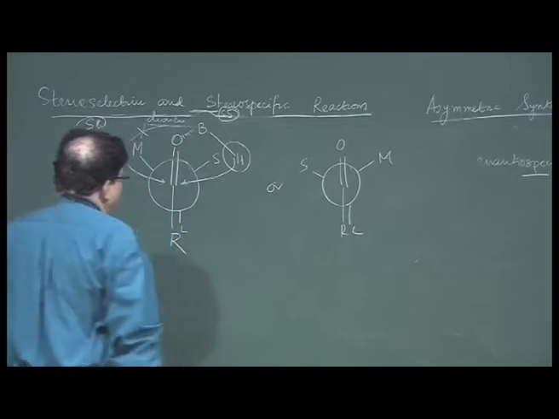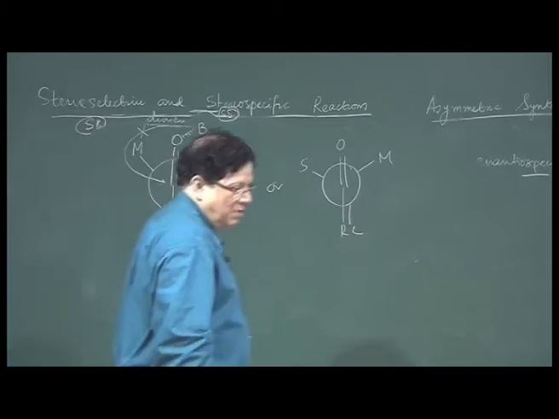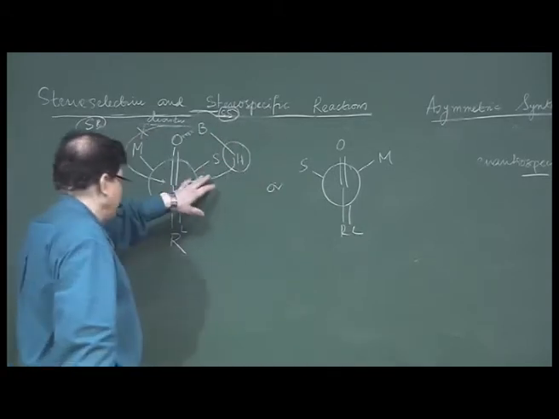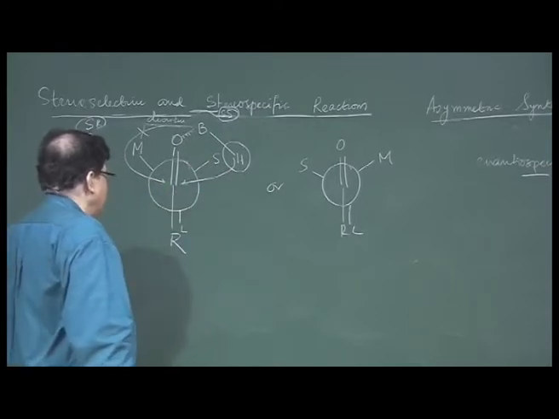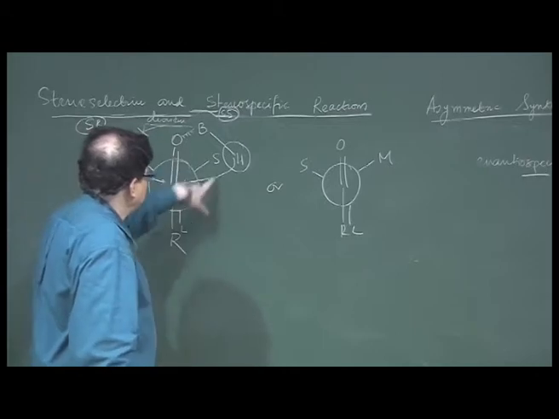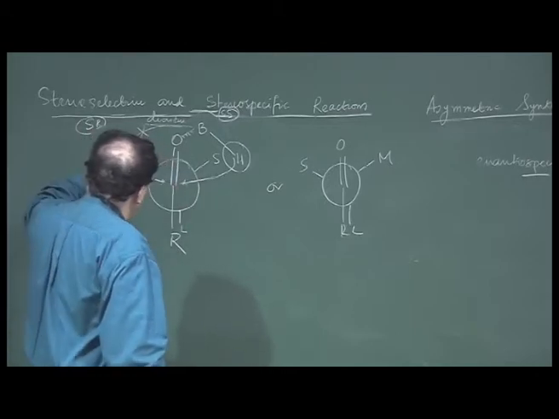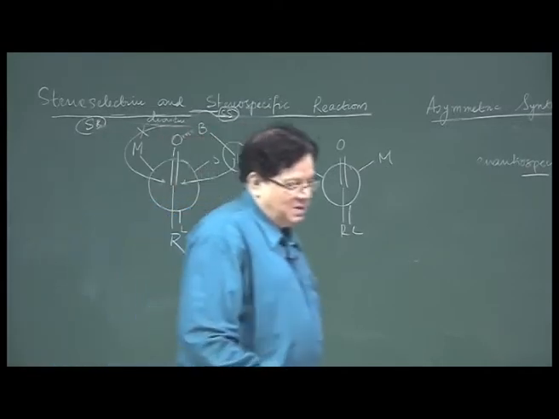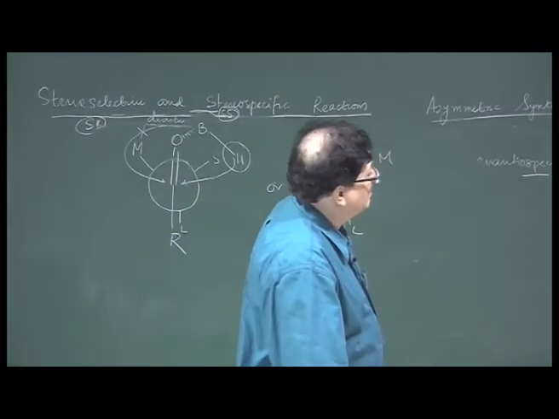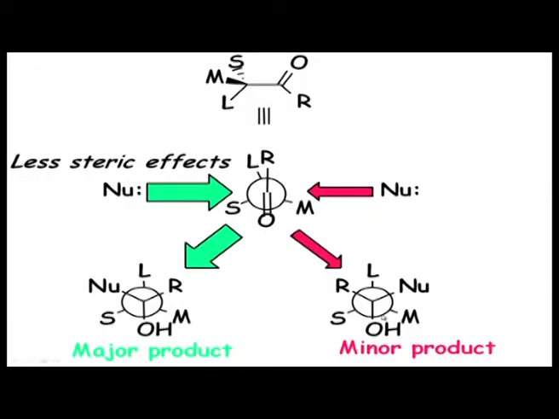The approach which is favored is that the hydride, the nucleophile, approaches from the side of the smaller group. If that happens, then OH will be on this side and hydrogen will be on this side. Okay, let us go to this example which is written here on the slide.